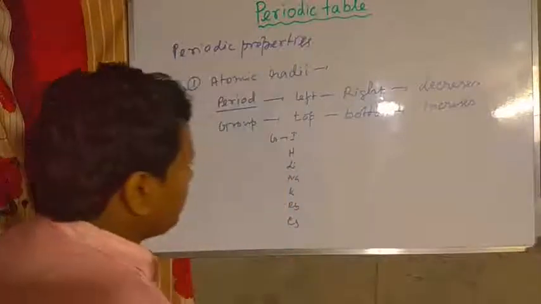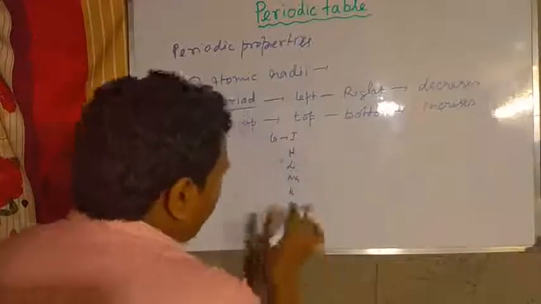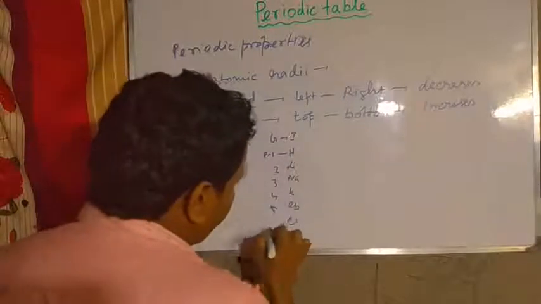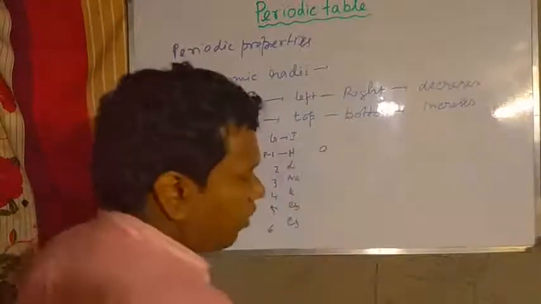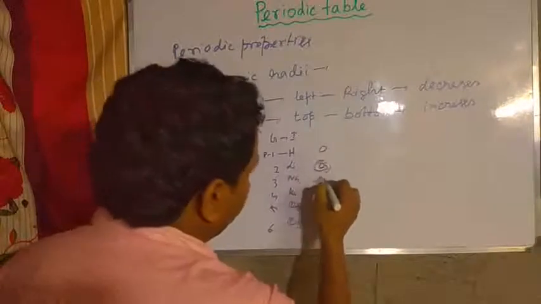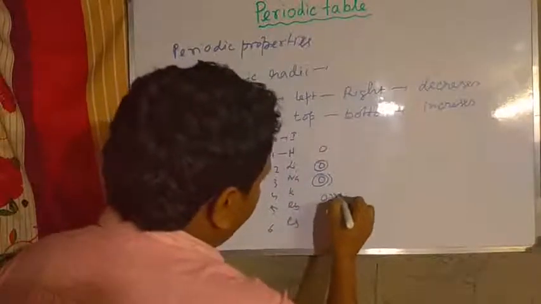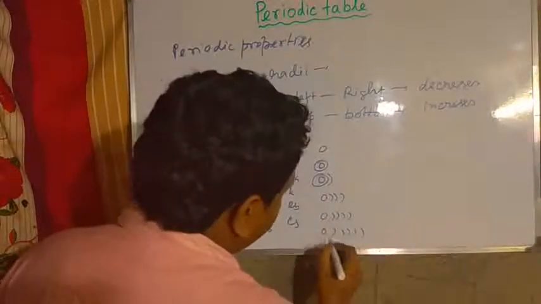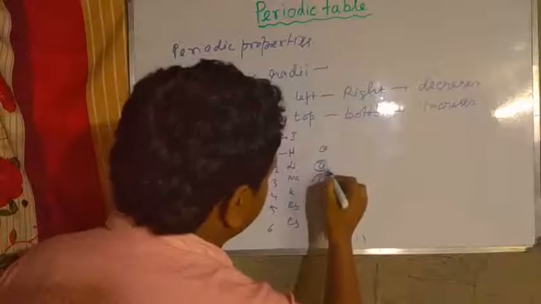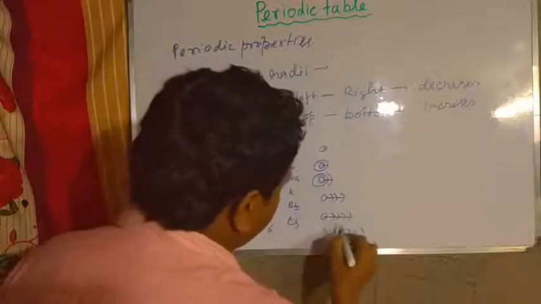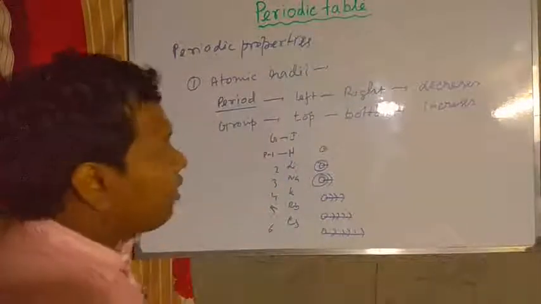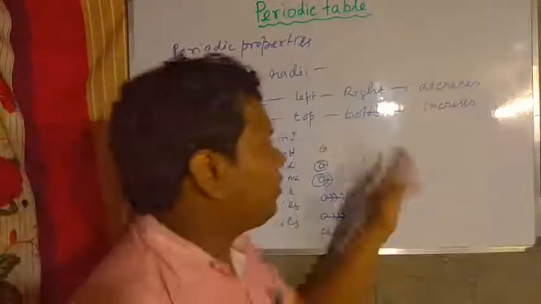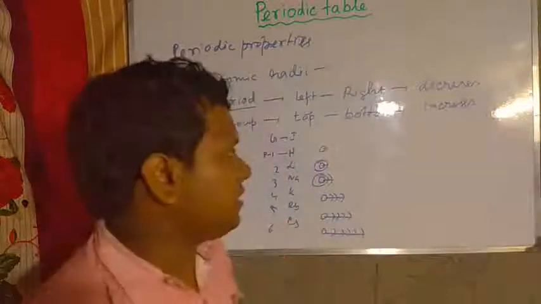Okay. This is group 1, and these are periods 1, 2, 3, 4, 5, 6. So it has 1 orbit, 2, 3, 4, 5, 6, so the radius is larger. If we go from top to bottom in a group, the atomic radius increases.